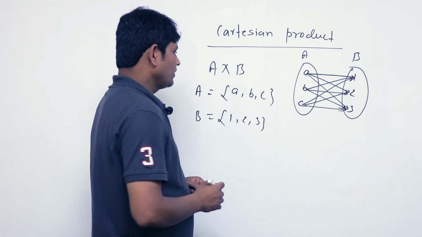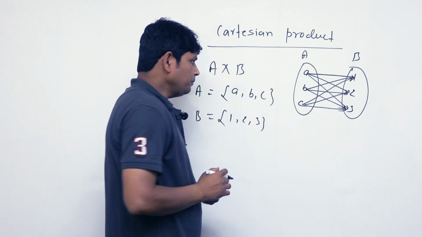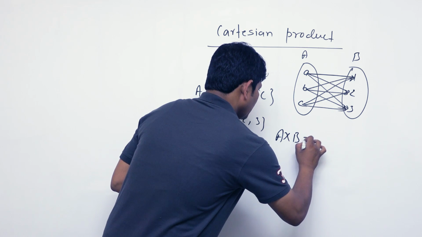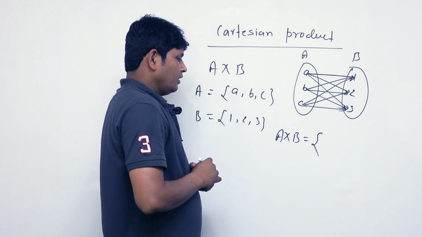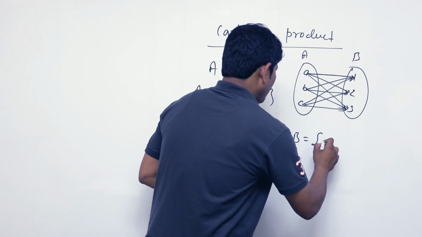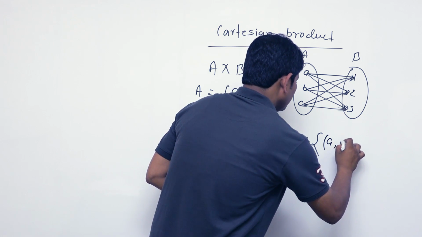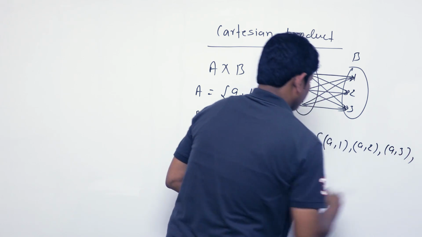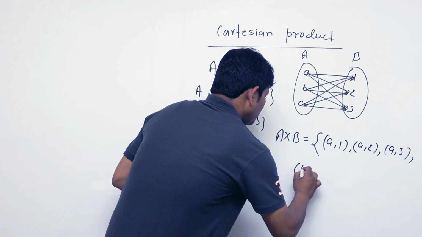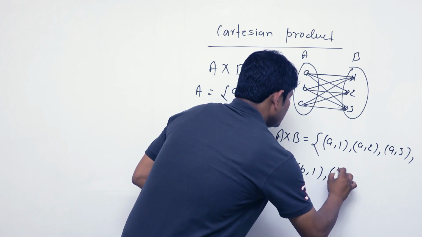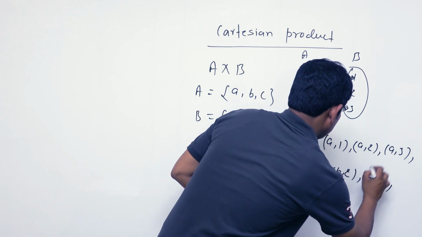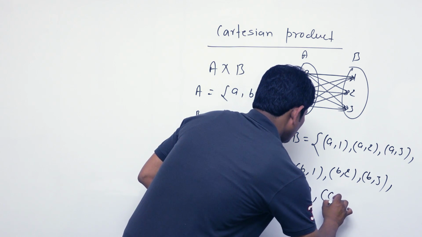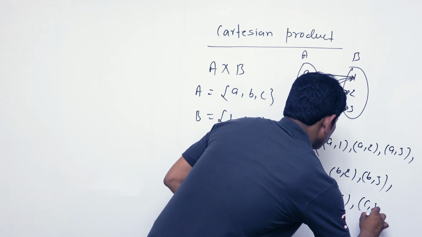If we have to write the Cartesian product in set form, how can we write? It is denoted as A cross B. A cross B is written as a is related with 1, a with 2, a with 3, like that; b with 1, b with 2, b with 3; and c with 1, c with 2, c with 3.